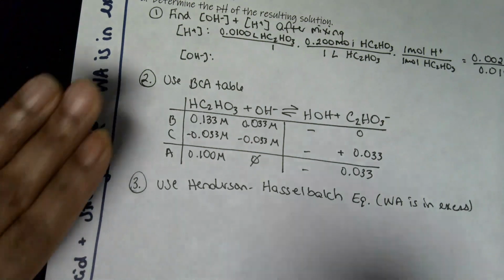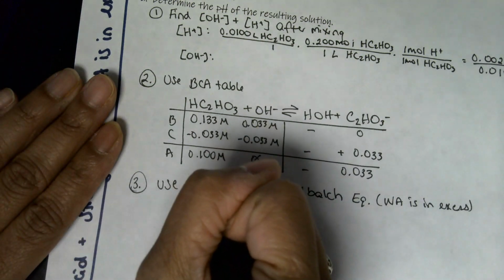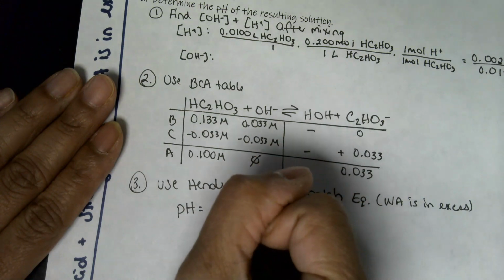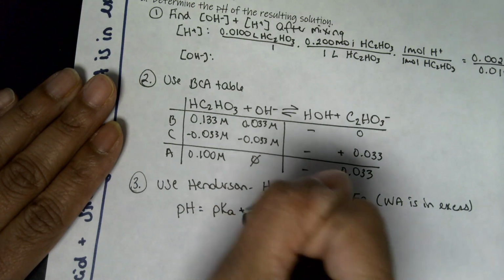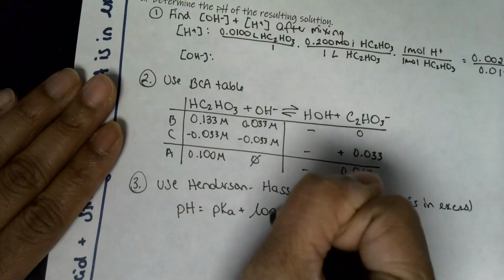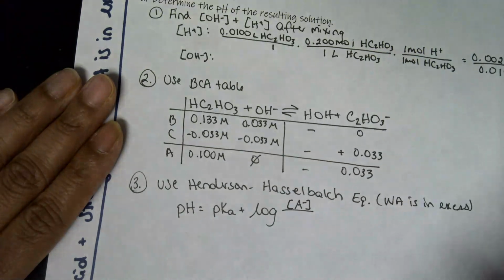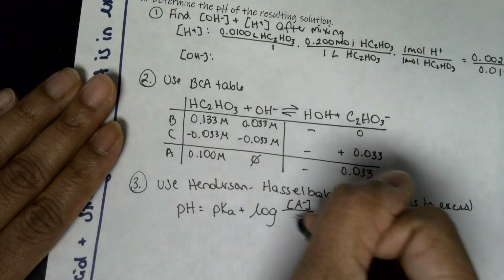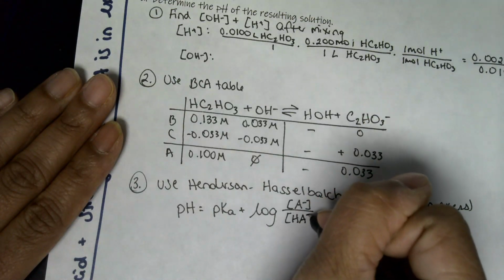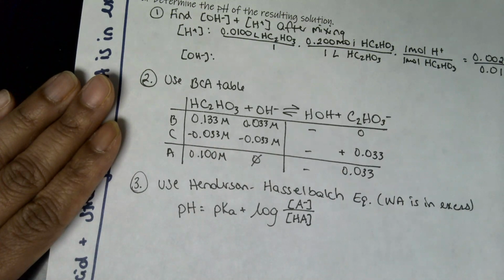All right, this equation is found in your reference table. It's the pH is equal to pKa plus the log of your conjugate base over your weak acid. Right?